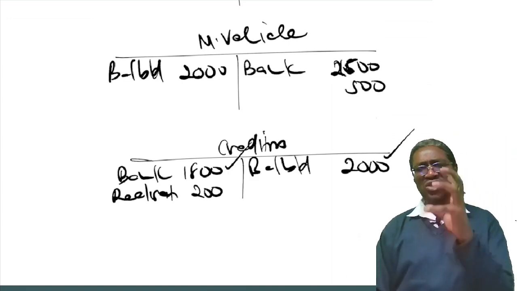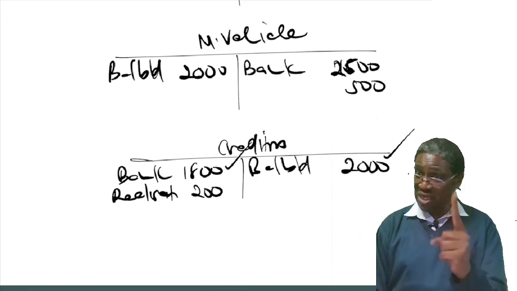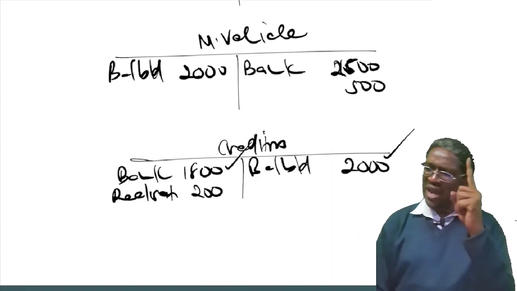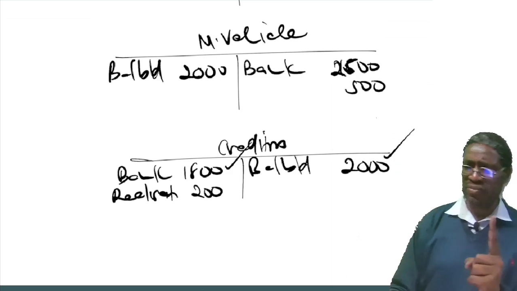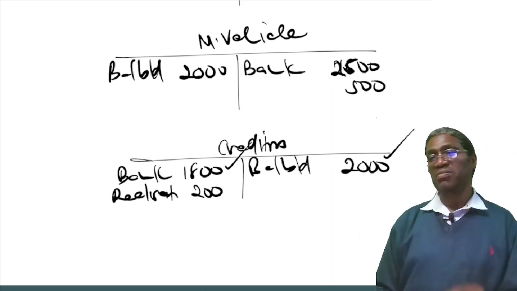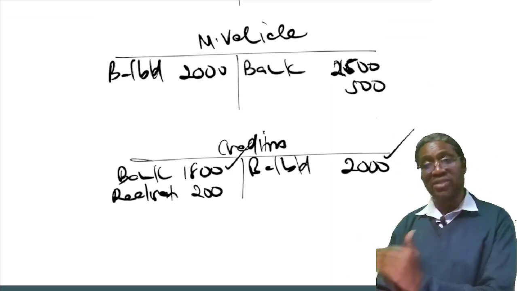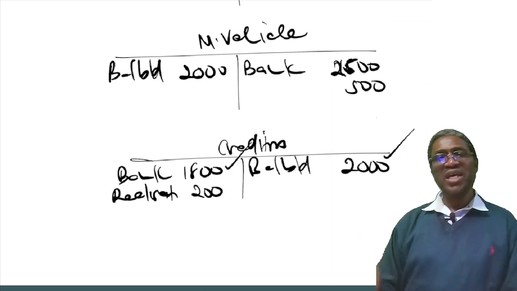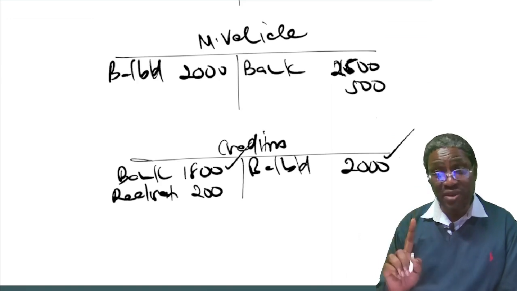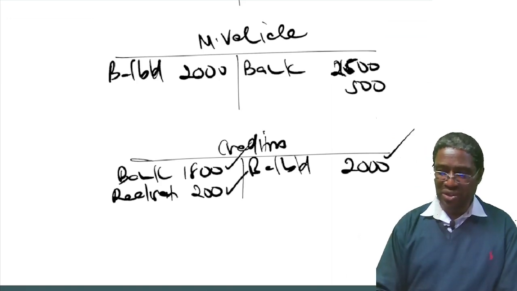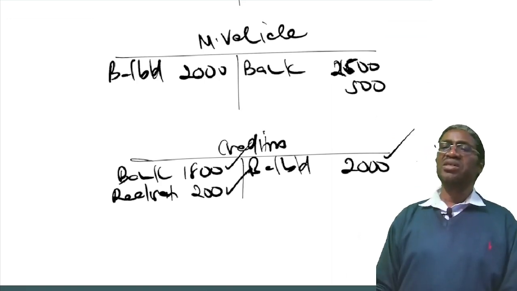So that's our entry number 6, which says, with the liabilities not taken over but paid by the selling company, you debit liability and you credit bank. Then if there is any discount we are receiving from creditors, you debit creditors and credit realization.